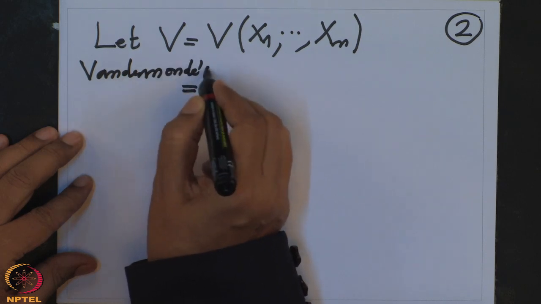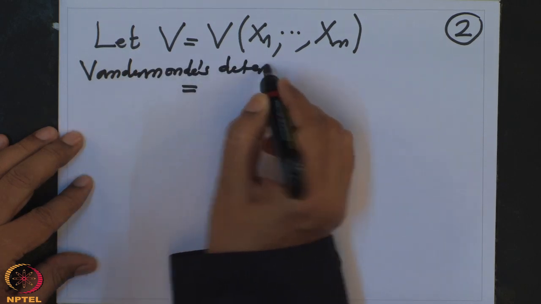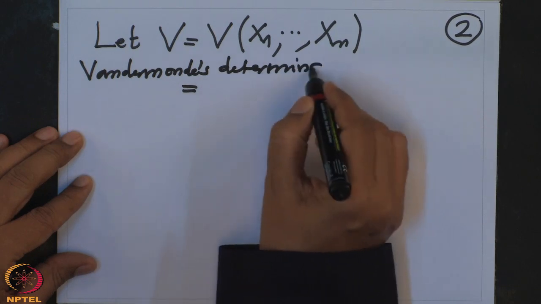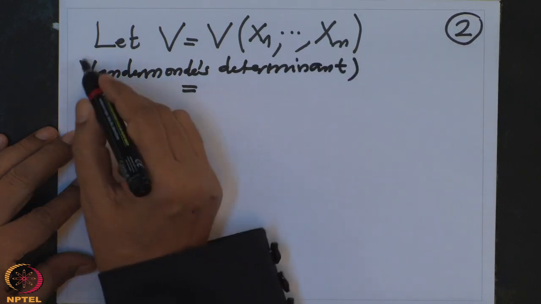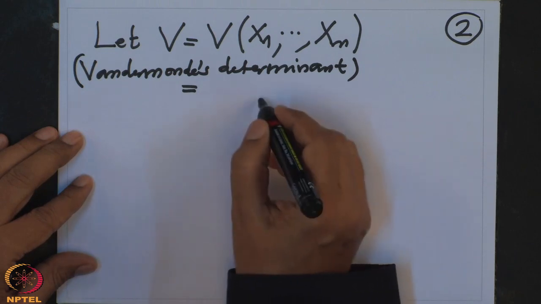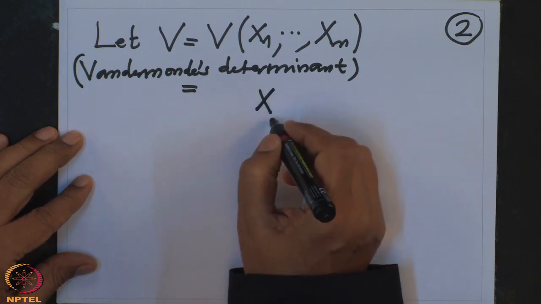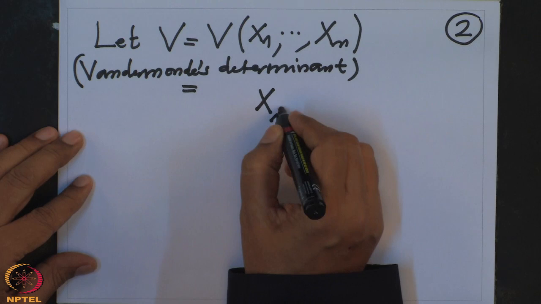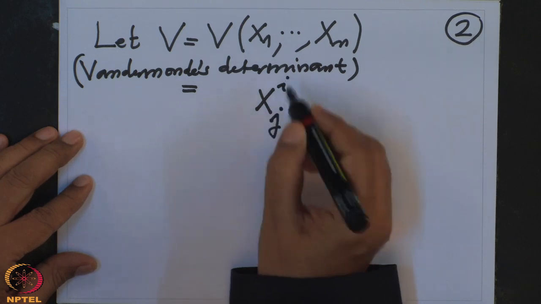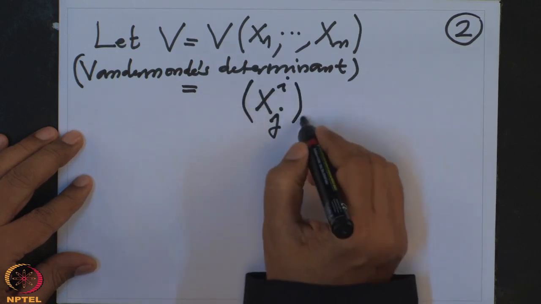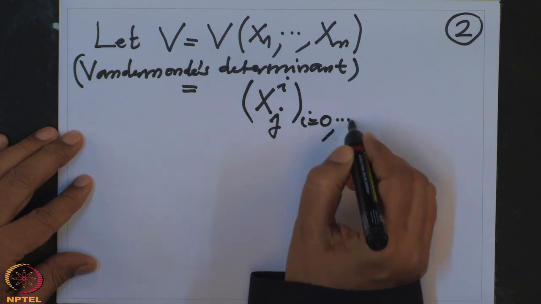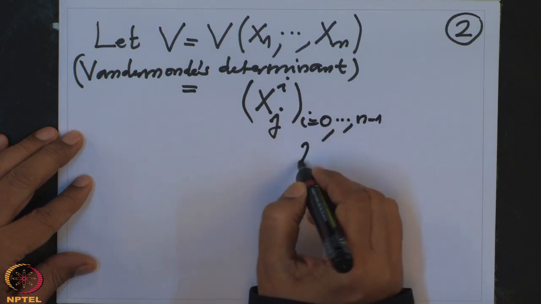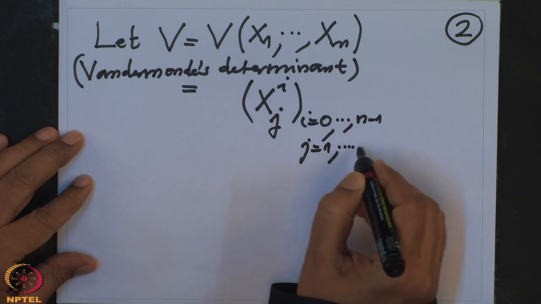And what is that? You take the matrix xj^i, where i is varying from 0 to n minus 1, and j is varying from 1 to n.